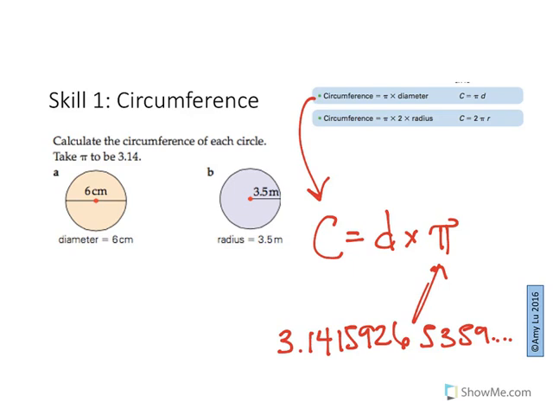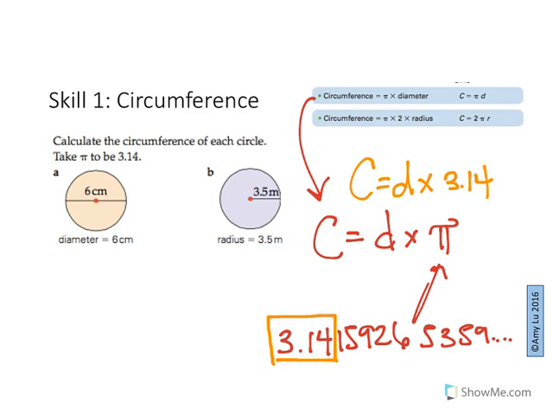Now, for the sake of having consistent calculations, we're going to just call pi 3.14. So your circumference is your diameter times pi, which is just 3.14.